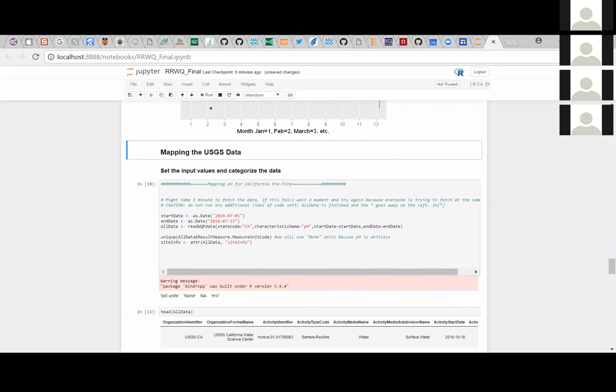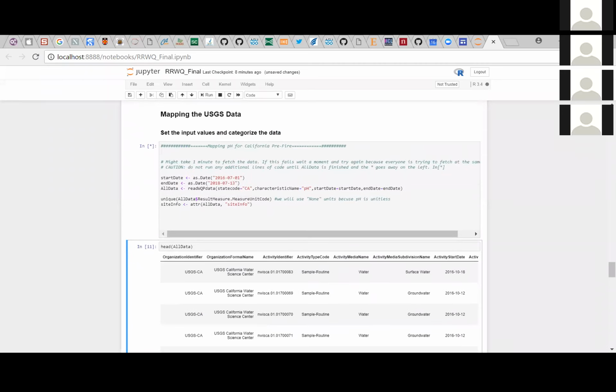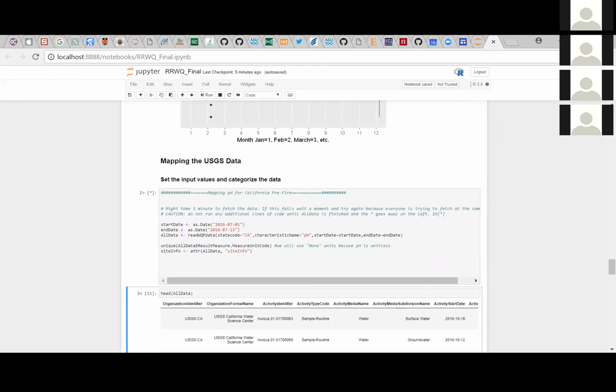And the next section, this is where we can start to look at the data in a spatial sense. So this function up here, read water quality portal data, is a function that was built to pull data not only from the USGS database, but from other databases like the STORET database, the EPA database.